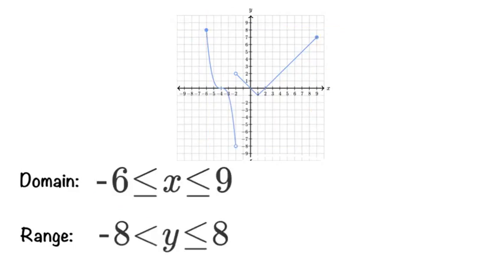Here's what the inequalities would look like. Notice that it goes from -6 to +9, both with lines underneath the inequality signs because it's a solid dot at both locations. The range does not have a line underneath the bottommost part because it has an open circle there, but it does have a line underneath at the 8 because it goes all the way up to +8 and it has a solid dot.